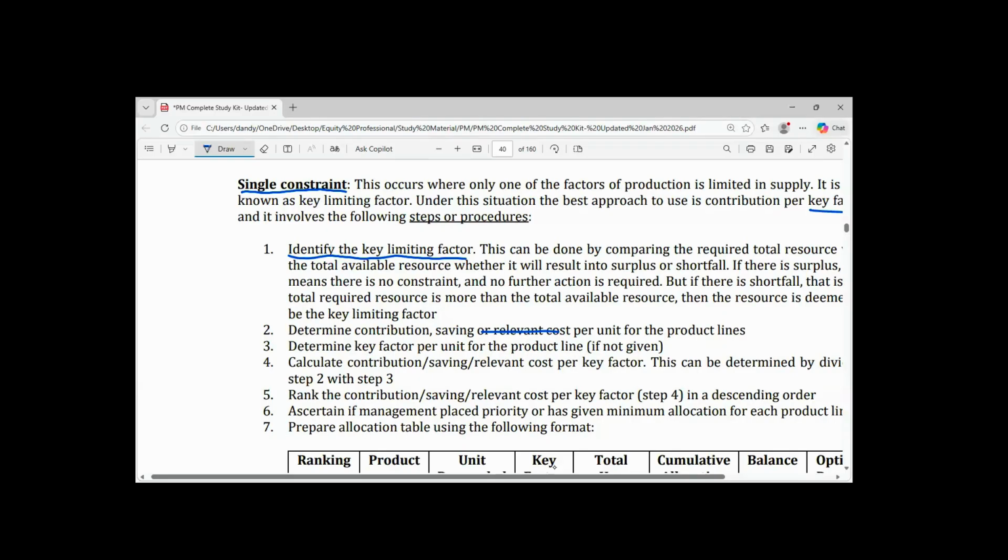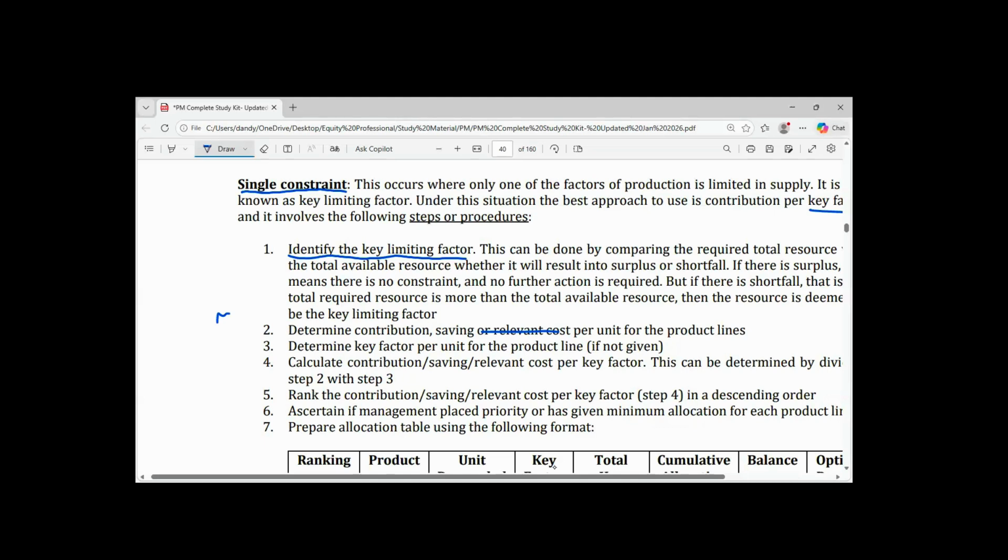Okay? Then step 3 says, confirm if management has placed priority or given minimum allocation to each of the product line. Oftentimes, management of a company may want to ensure that they produce uniform amounts across all the product line, and the balance available will then be allocated based on specific requirements.